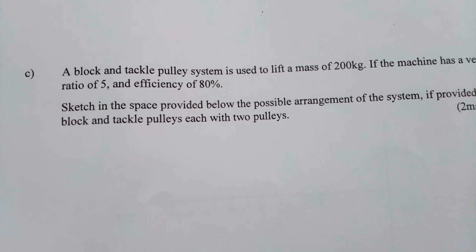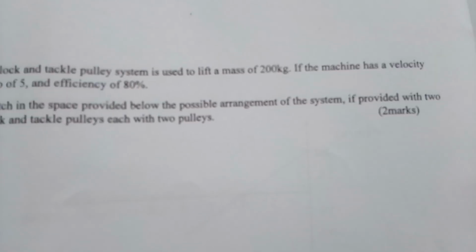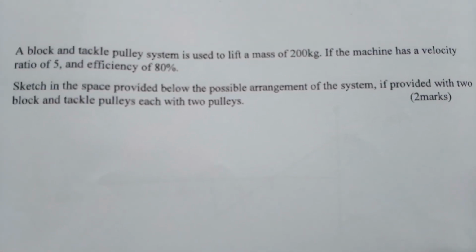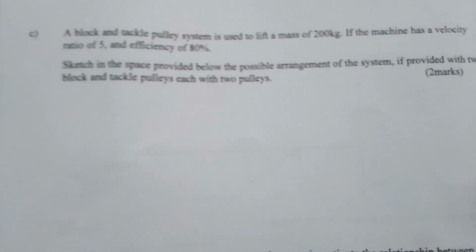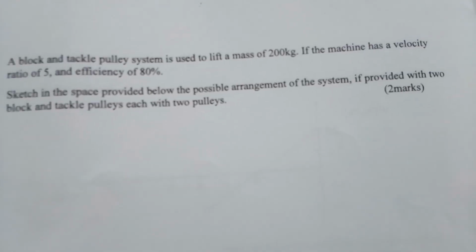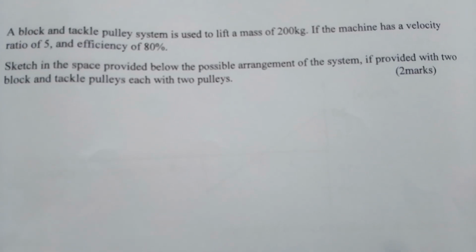And then we also have a block and tackle pulley system used to lift a mass of 200 grams if the machine has a velocity ratio of 5 and efficiency of 80. Then sketch in the space provided below the possible arrangement of the system if provided with 2 block and tackle pulleys, each with 2 pulleys, 2 marks.